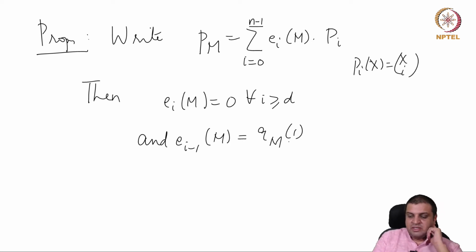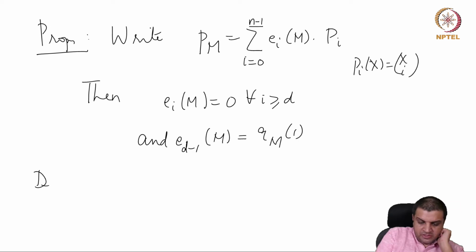This was a number that we had studied and established in the last proposition to be a positive integer. So this is the number of copies in which the top degree binomial polynomial pi shows up. So this is non-zero, and the ones above it are 0. Sorry, this is d minus 1.